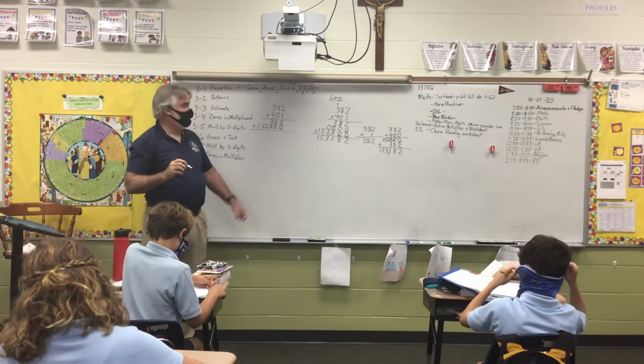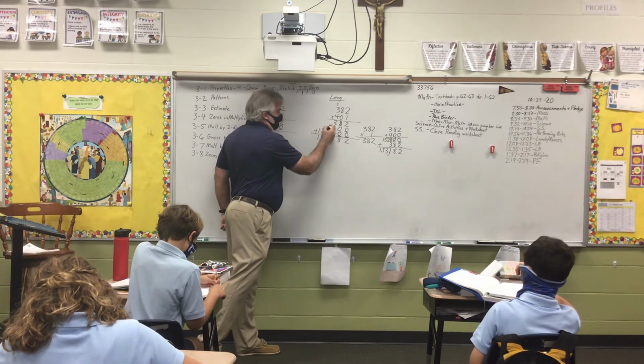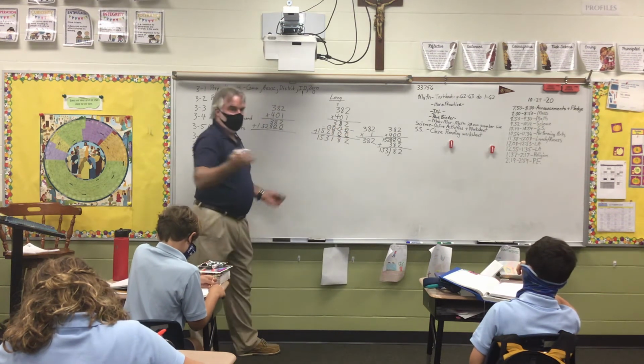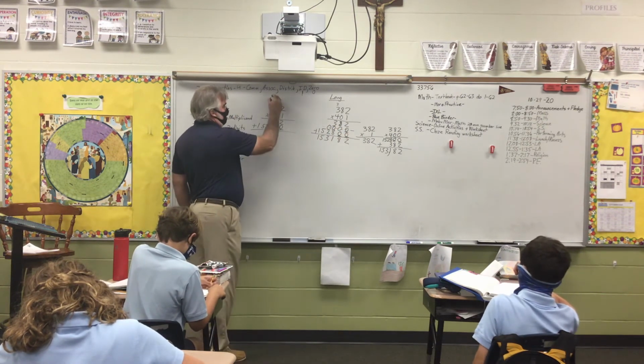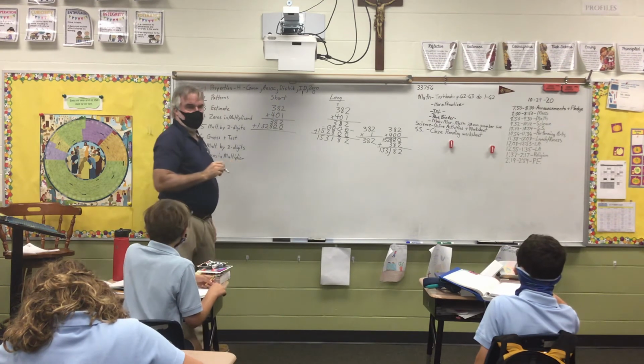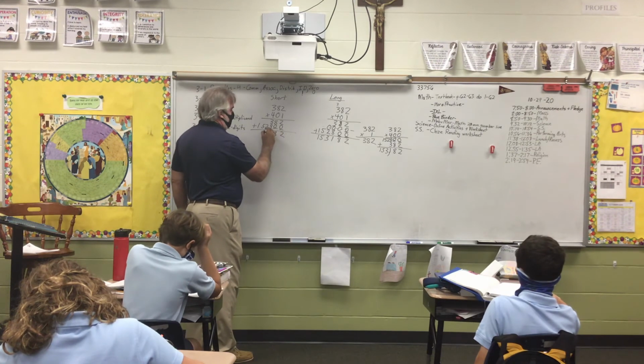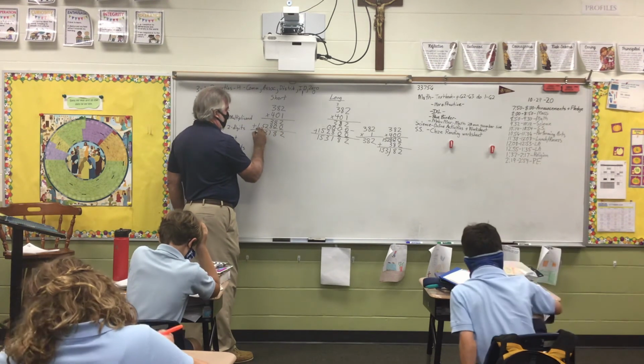Okay? You're taking this, cutting this row out, and this is it. This is the short way. Okay? So you still end up with 2, 8, 1, 3, 5, 1.